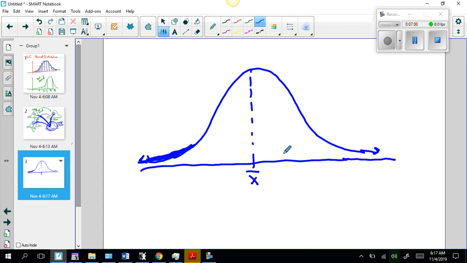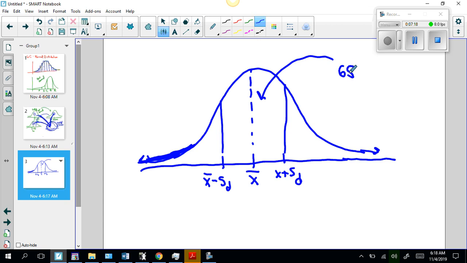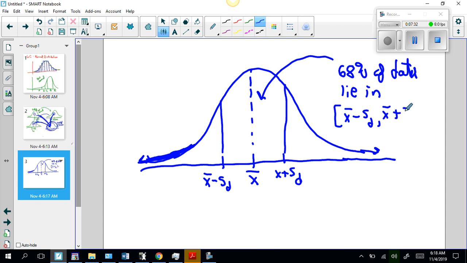Now, we're going to find a standard deviation, and the book says SD. So you go x bar minus SD and x bar plus SD. If it's normal, they guarantee that 68% of data lies in the interval x bar minus SD, x bar plus SD.